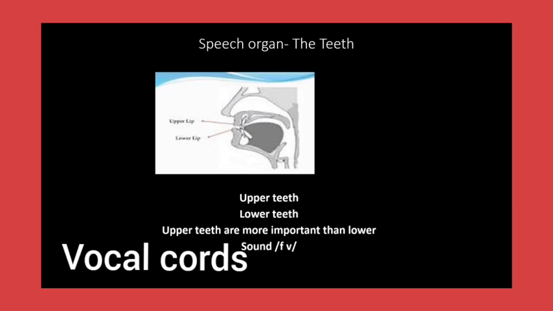When we say Marathi p, two lips come together, but it doesn't happen in English f. What happens? The lower lip is raised in the direction of the upper teeth. Try to move your lower lip towards the upper teeth. Make a contact of the lower lip and upper teeth. Then you can pronounce English f properly.